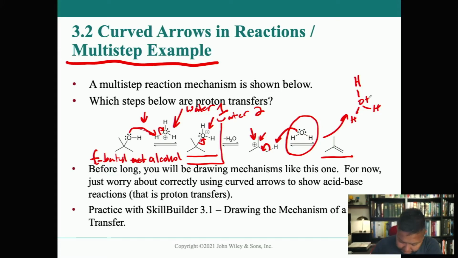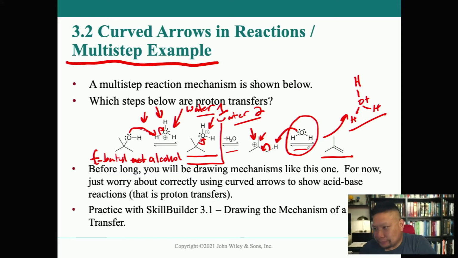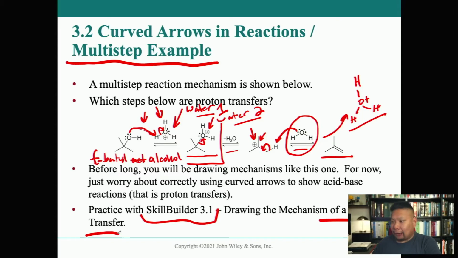So you started with the hydronium ion, and then you came out of it with the hydronium ion. Cool stuff, cool stuff. I guess technically it did show you that there were two waters here, because there's one water there and there's one water there. But, you know. So, Skill Builder 3.1, drawing mechanisms of a proton transfer on Wiley Plus.